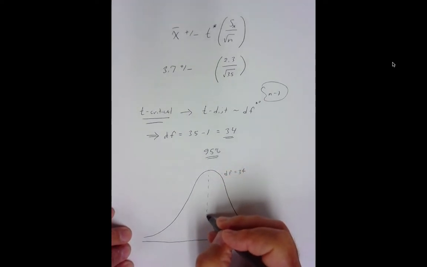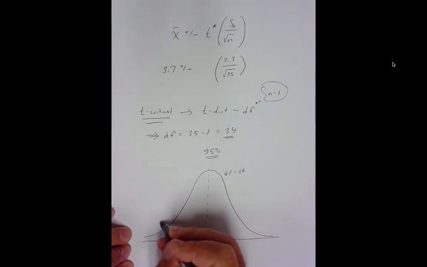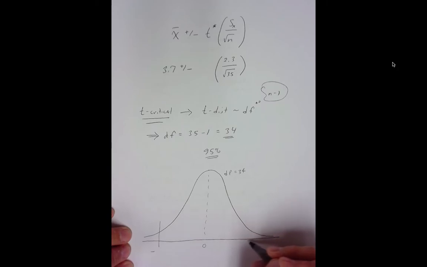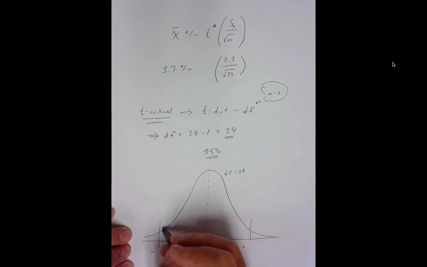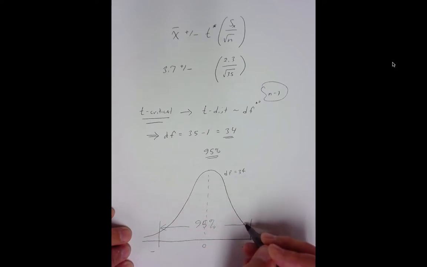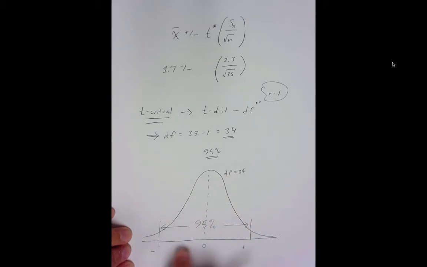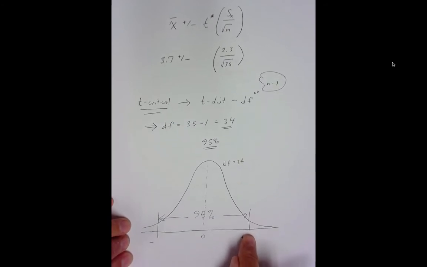Again, this is centered around a mean of 0. Numbers to the left are negative. Numbers to the right are positive. And we want it for this distribution, not the normal distribution. If this was a normal distribution, it'd be negative 1.96 and positive 1.96, as I showed you in the previous video.